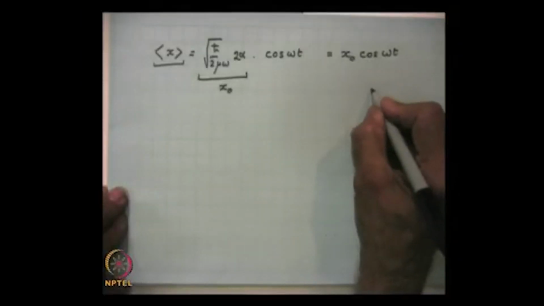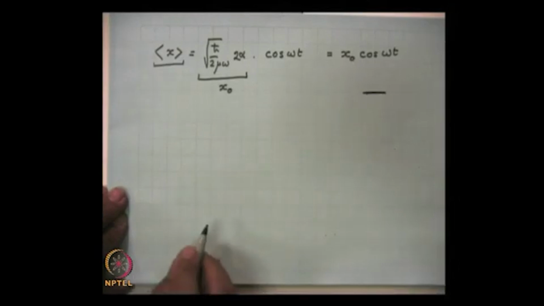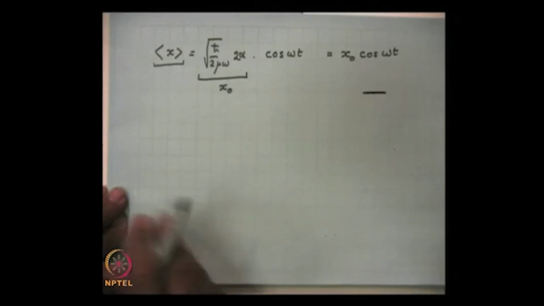This is what a classical oscillator looks like, because you know that in a classical oscillator you have a simple bob of a simple pendulum. So, it oscillates back and forth. Therefore, the time evolution of the coherent state is just like that of a classical oscillator.